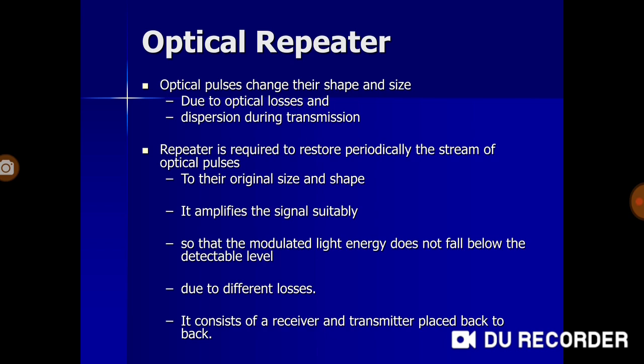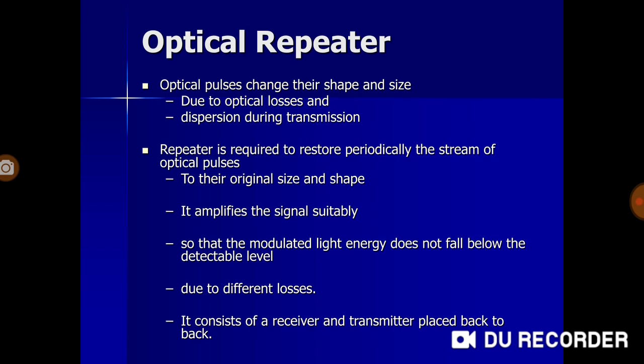It amplifies the signal suitably so that the modulated light energy does not fall below the detectable level due to different losses. So, it is basically doing what? It is ensuring that the signal actually reaches the receiver in a form that can be accepted, detected, and reasonably understood.